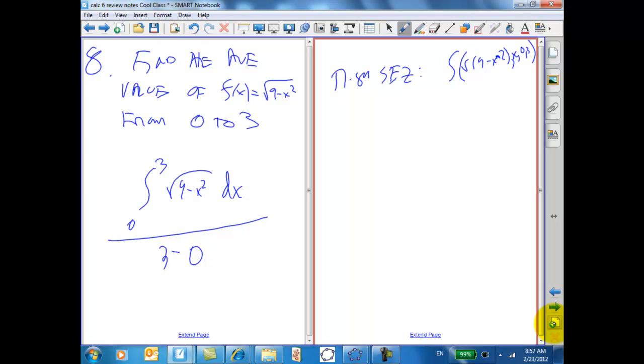You get 9 pi over 4. Now you're dividing the whole thing by 3. So it's 9 pi over 4 for the integral, and then you divide by 3 and you get 3 pi over 4.